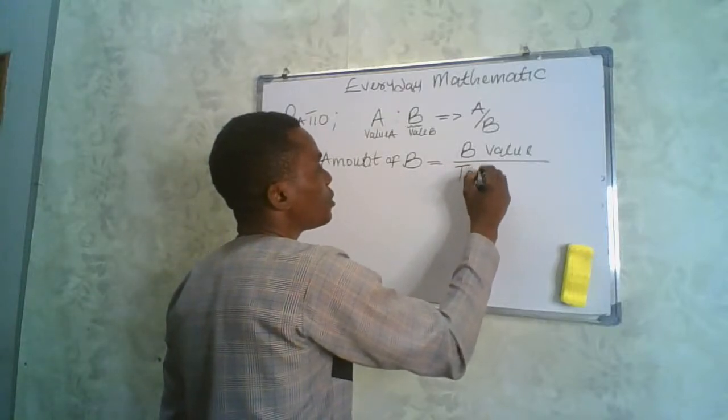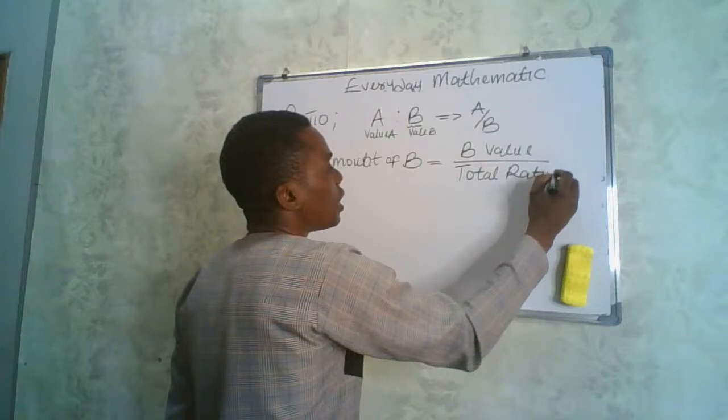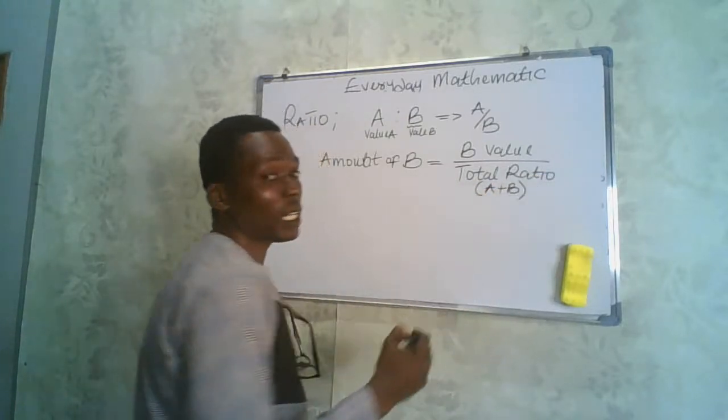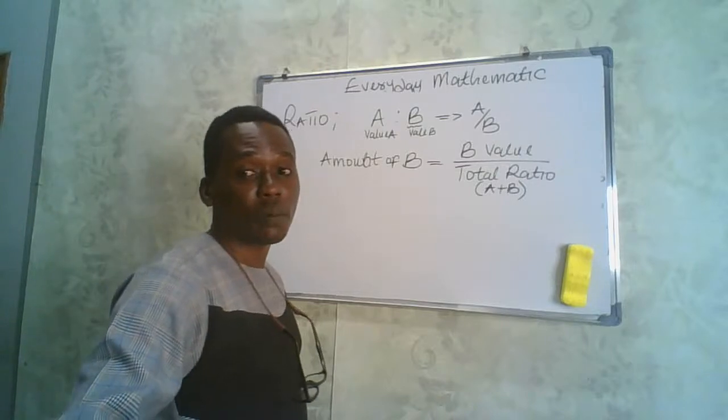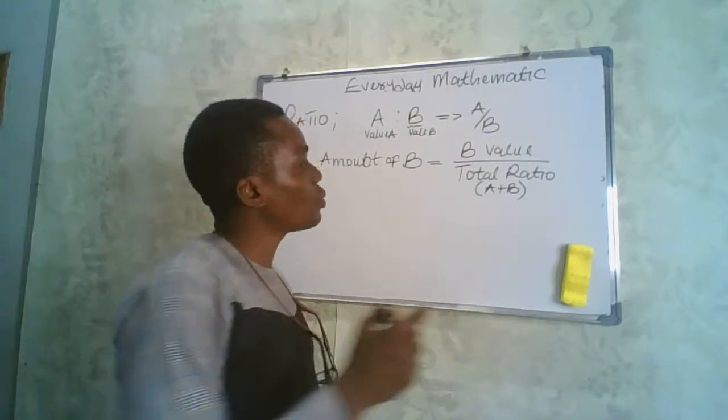The total ratio is A plus B. And you multiply that by the total amount.